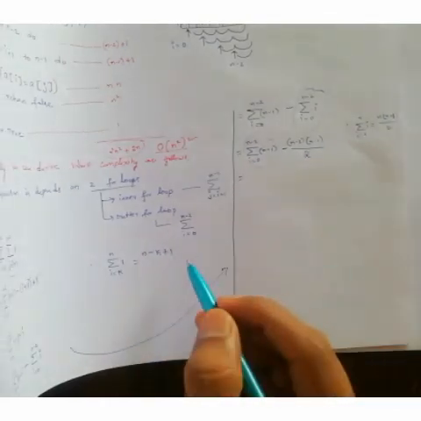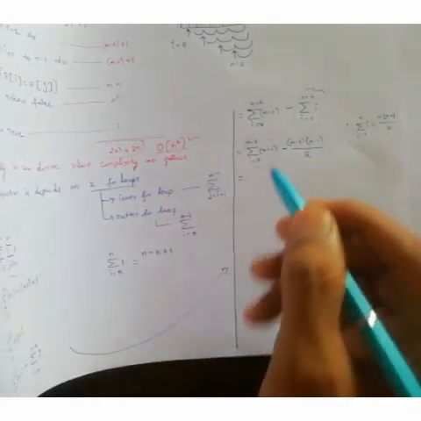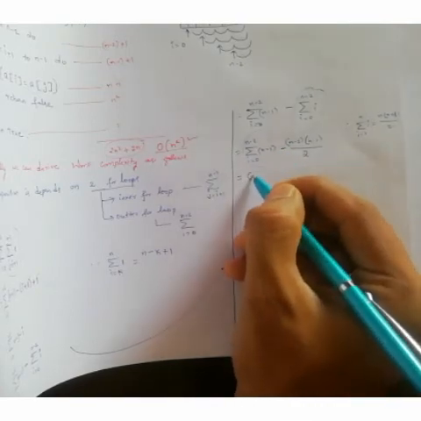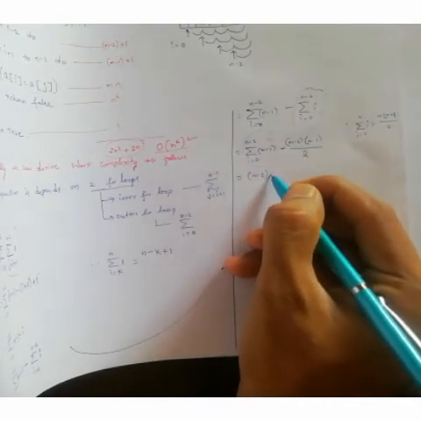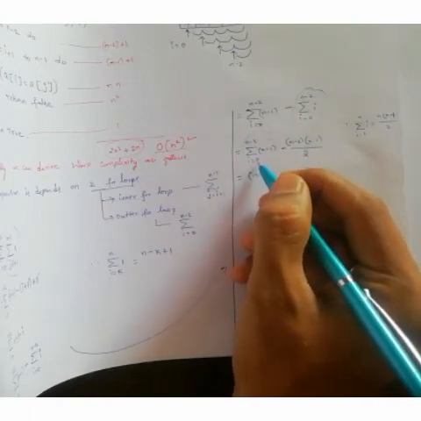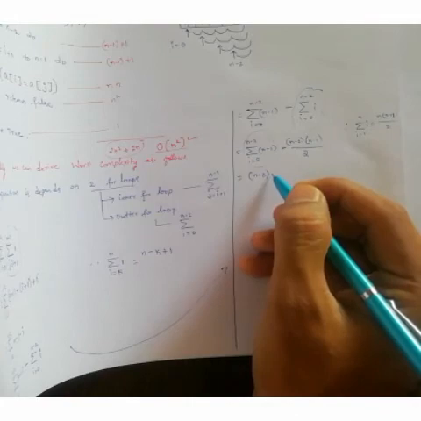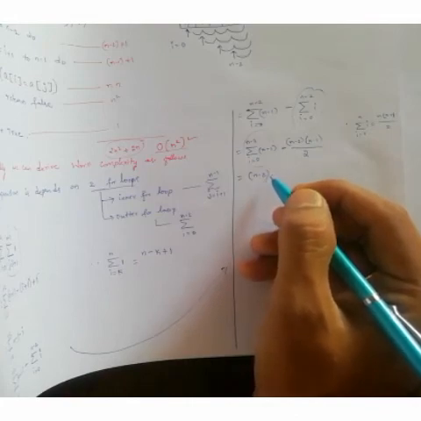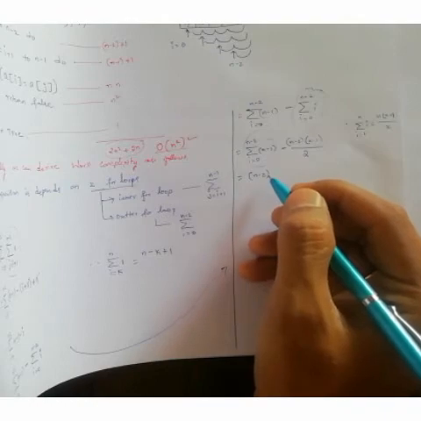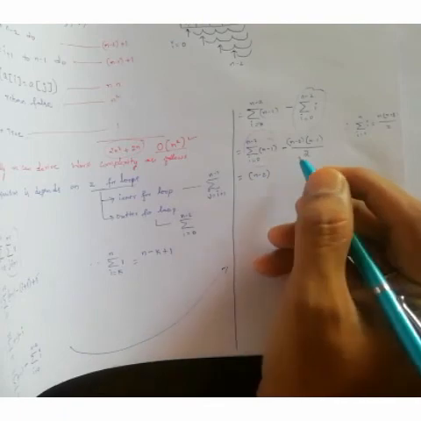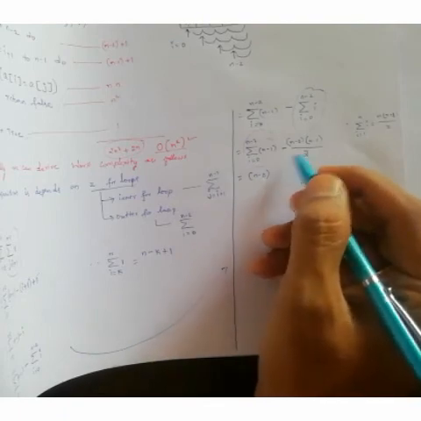So now just write this by using this formula, upper limit minus lower limit plus 1. Sorry, don't use it now.